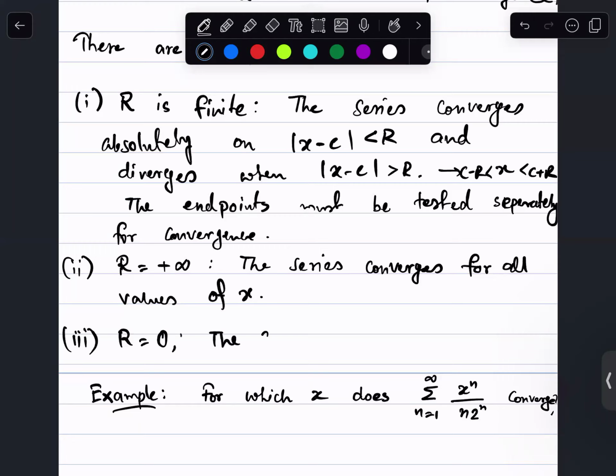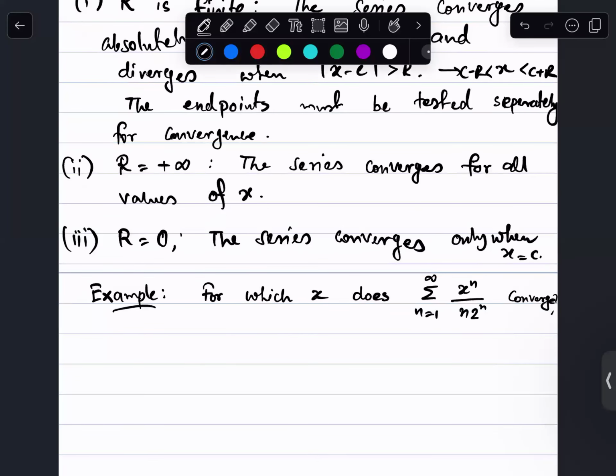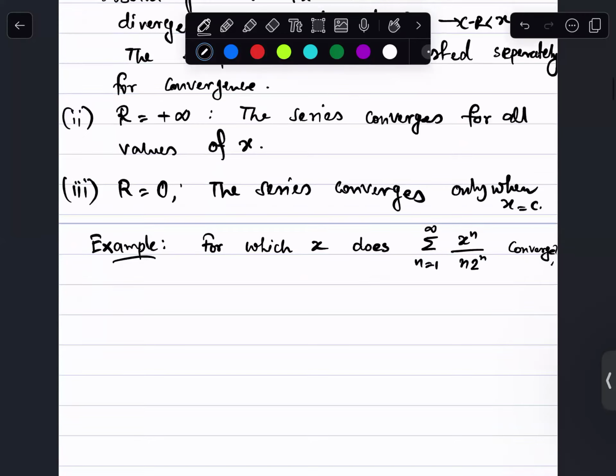Then the series converges only when x equals c. Okay, because for the point x equal to c, the series is nothing but 0, right? It's the 0 series. And that should always converge.